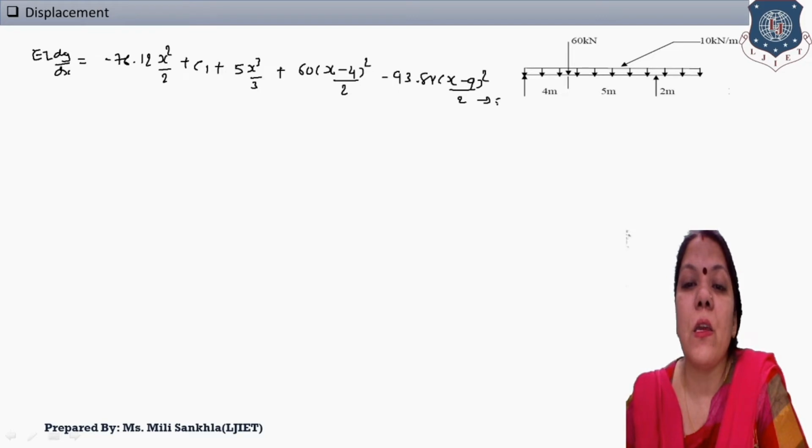Okay, and this is the equation of slope, equation 1.